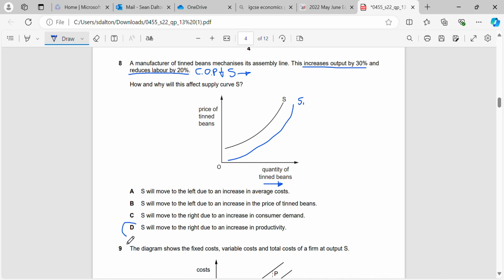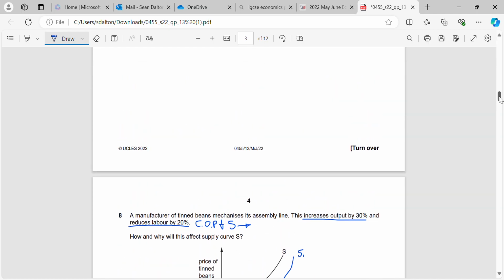So that's due to an increase in productivity, not an increase in consumer demand. The demand curve would have to shift for C, and we know that it's not going left, it's moving right. Left would be if our cost of production increases.